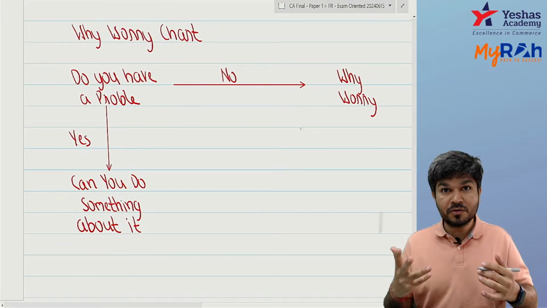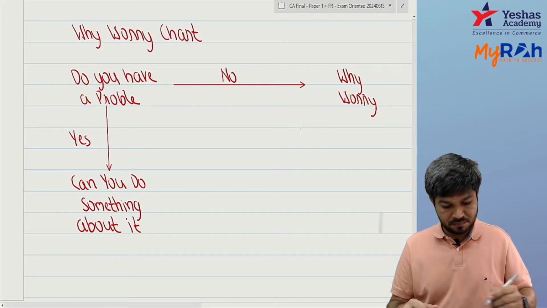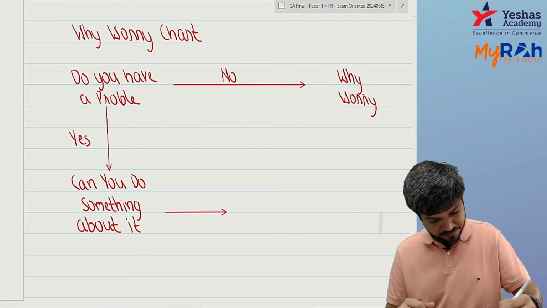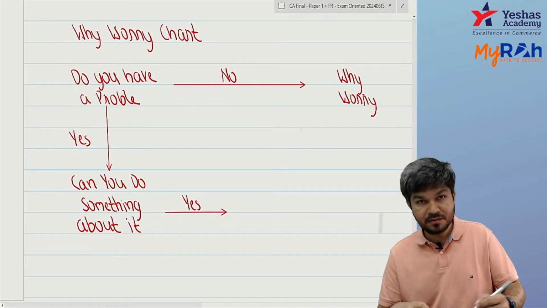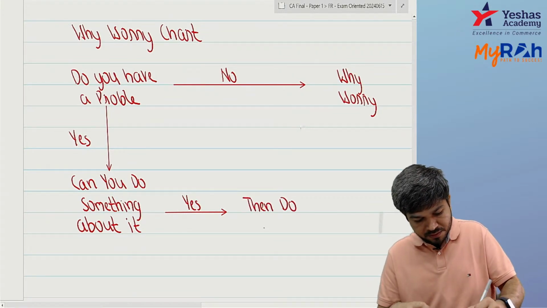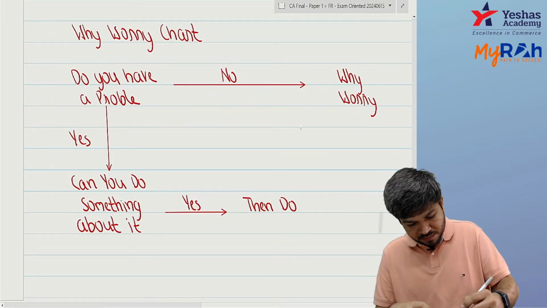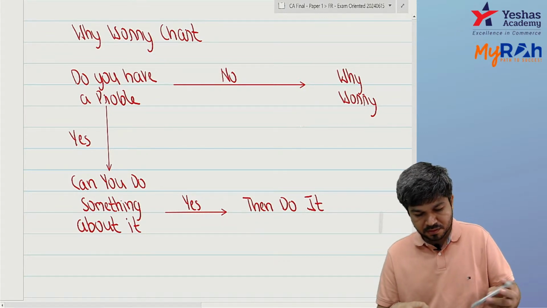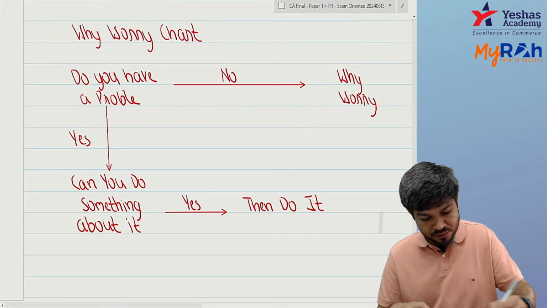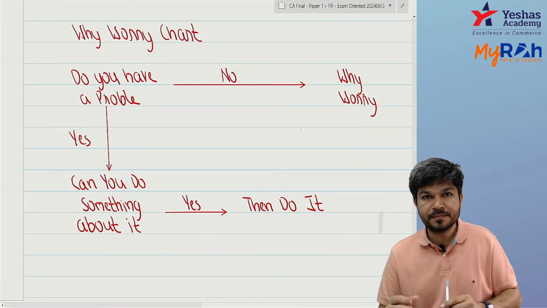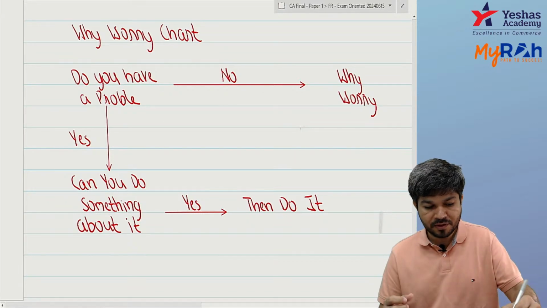Can you do something about it? If yes, then do it. And if you do it, can I say there's no point of worrying? There's no point of worrying. Do it.